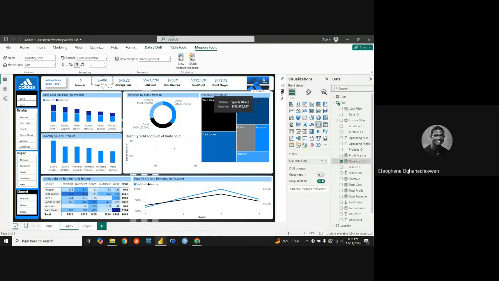I prefer it that way because there's a difference between 2 million units sold and 2.48 million units sold. There's an extra 480,000 products. In my own opinion, I prefer it that way because data should be very detailed.